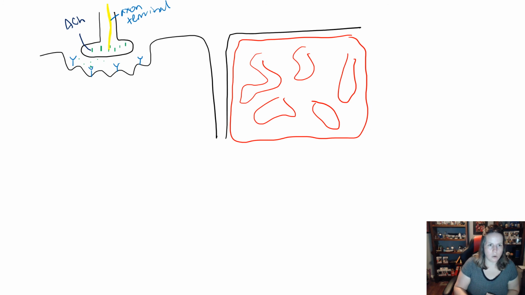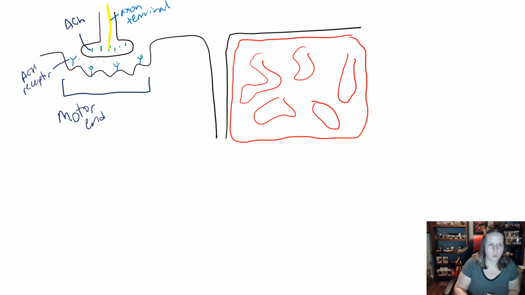When acetylcholine binds to these receptors, it's going to create a signal. Now, these receptors, the ACh receptors, are located on a specific part of the sarcolemma that we call the motor end plate.